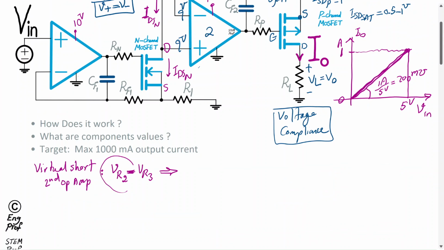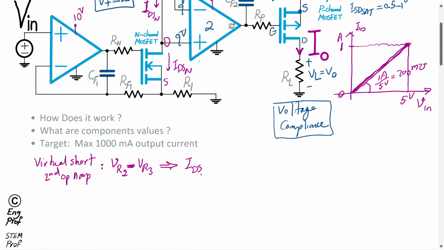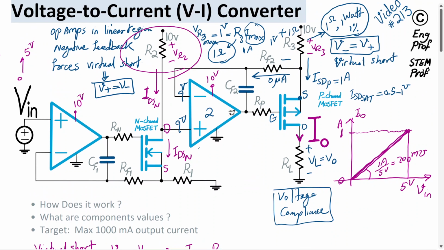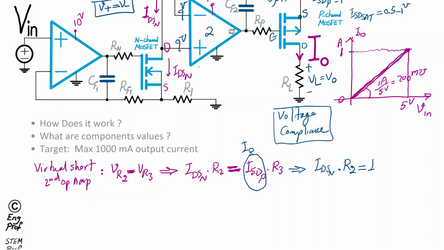For VR2, we have IDS of the N-channel MOSFET times R2, equal to, for the other side, ISD of the P-channel MOSFET times R3. And remember that I said this is the same as I out. So IDS of the N-channel MOSFET times R2 is equal to I out times R3.